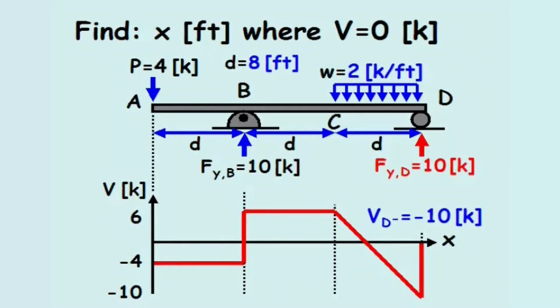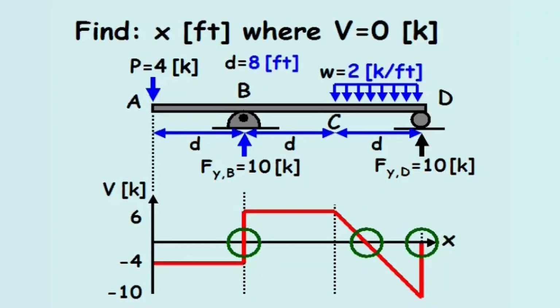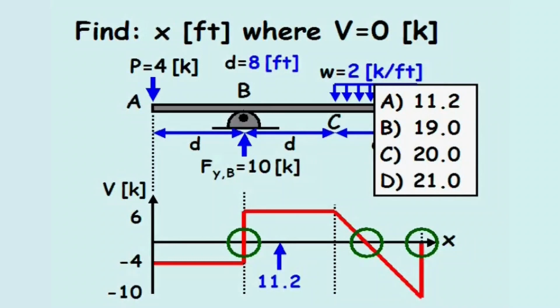The question asks to find the length x along the beam where the shear force is equal to 0, which occurs only at the 3 locations circled in green. When looking at our possible solutions, we notice answer A of x equals 11.2 feet cannot be correct.